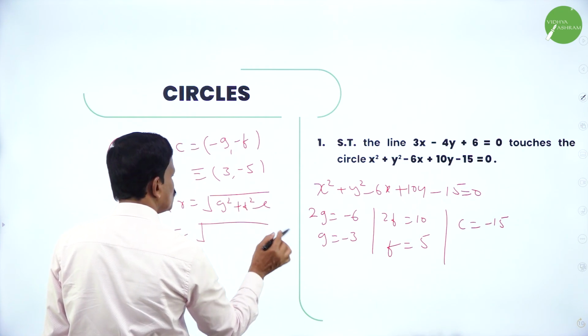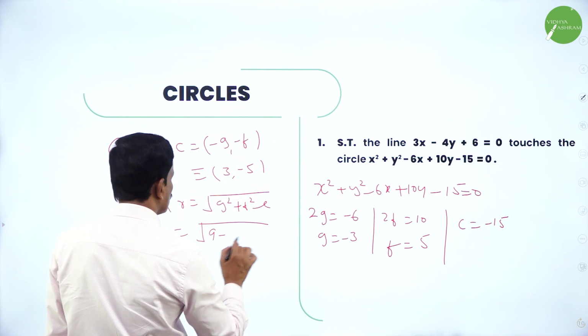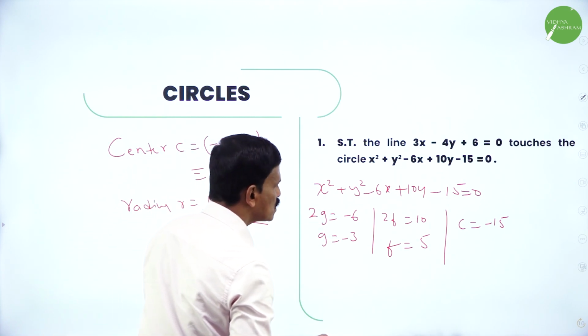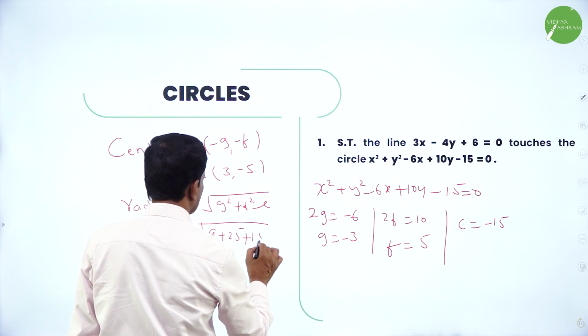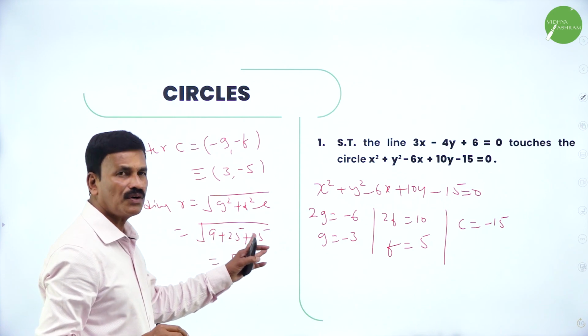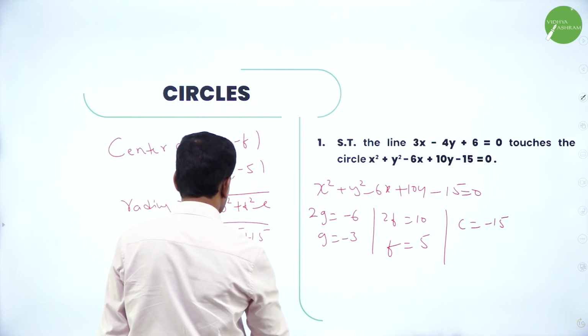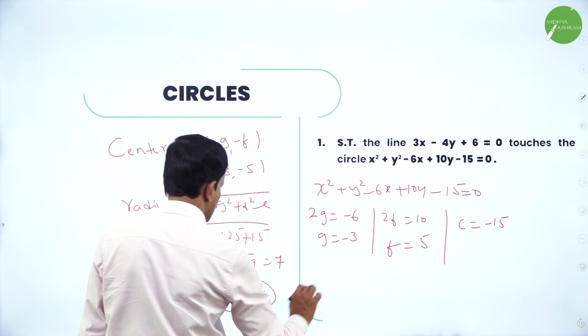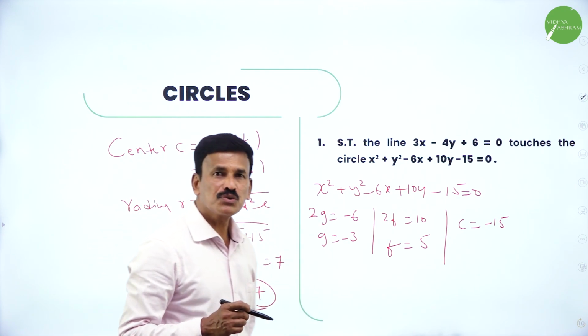That is root of g square, 3 square is 9, f square, 5 square is 25, minus c is minus into minus plus 15. So, this is 25 plus 15, 9 plus 25 plus 15 is 49, square root of 49 is 7. Radius is equal to 7. So, what is the radius? 7. Okay. Now, what is to prove?